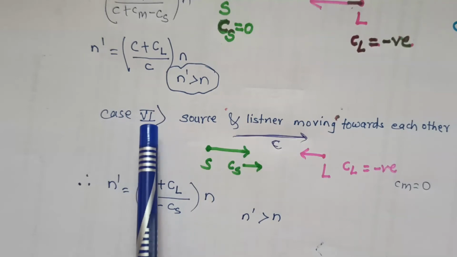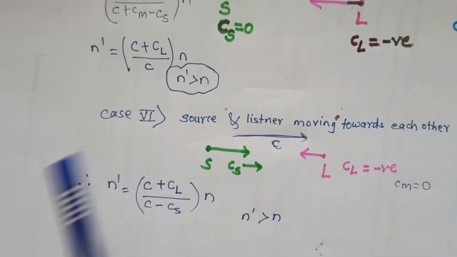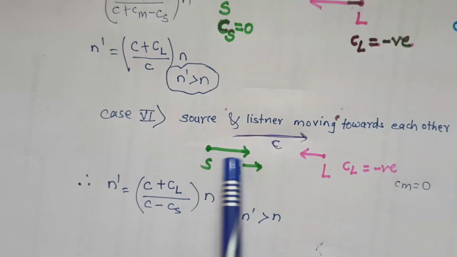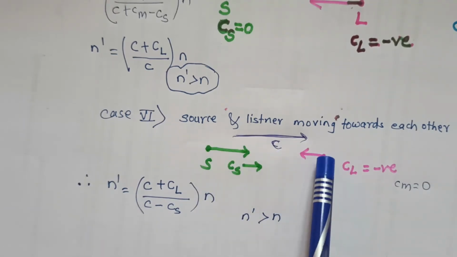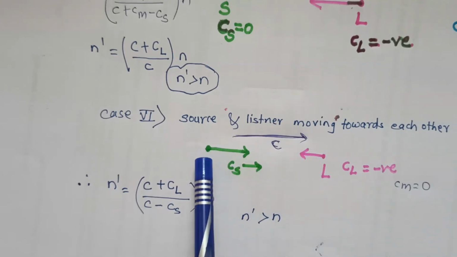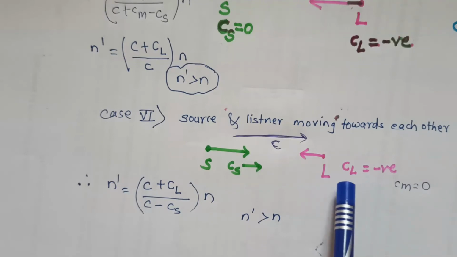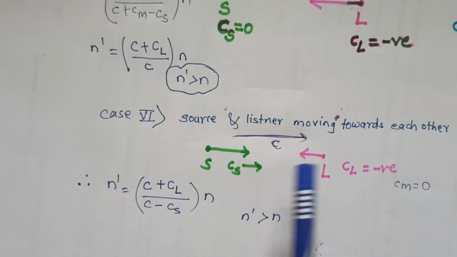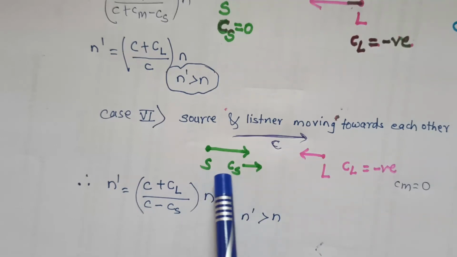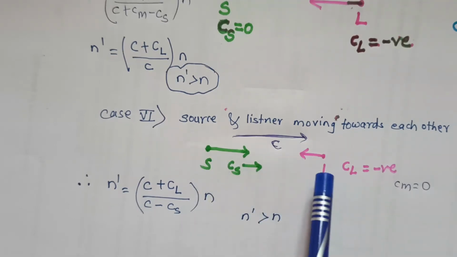Now case 6. Source and listener moving towards each other. The listener is moving towards the source, so the velocity of the listener becomes negative and the velocity of the source is positive, moving towards the listener.